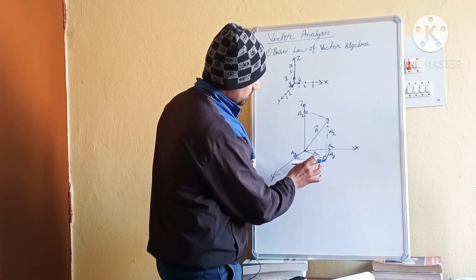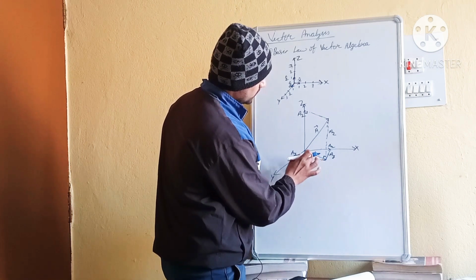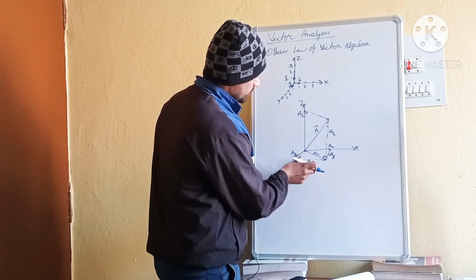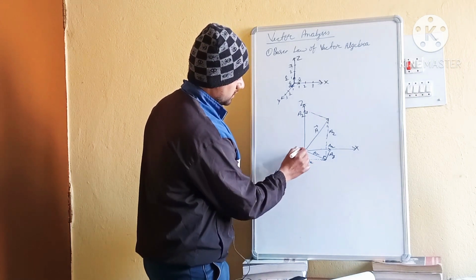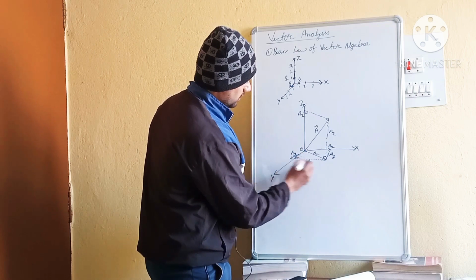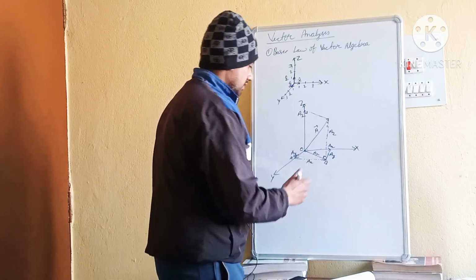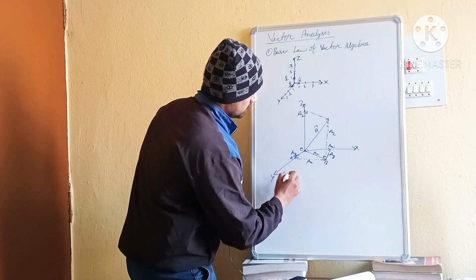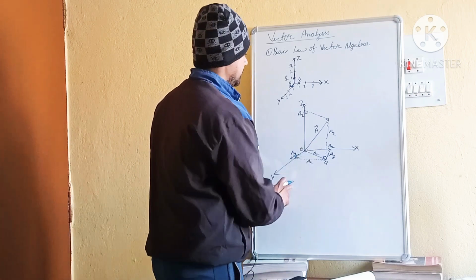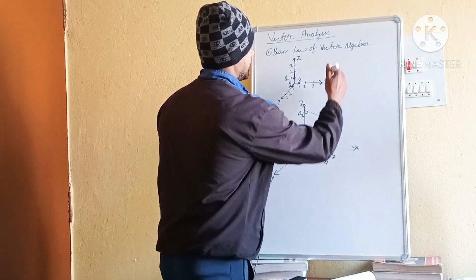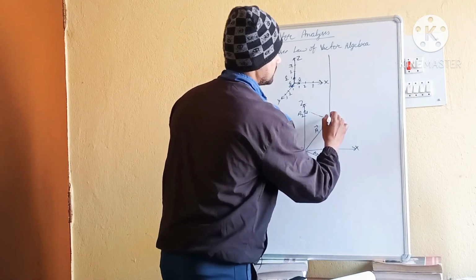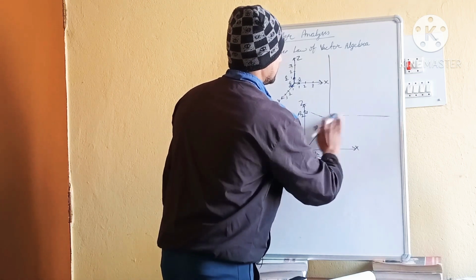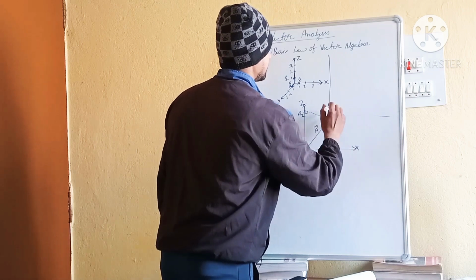So next, first of all I'm going to use these two. If you take these two, it means here triangle OAB.